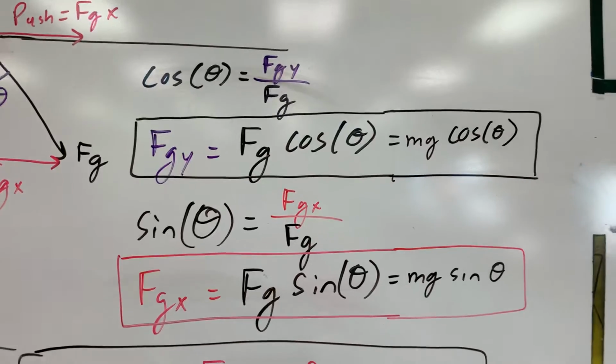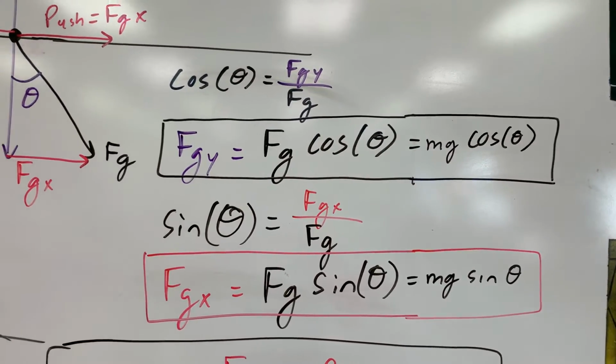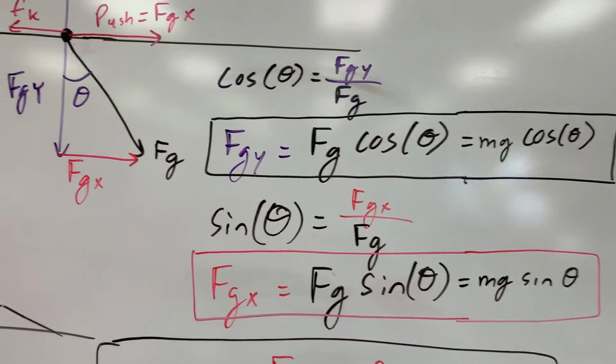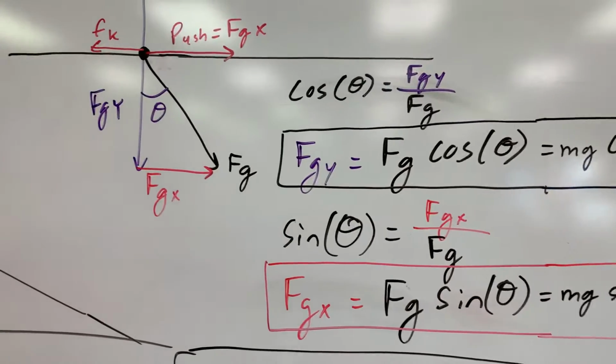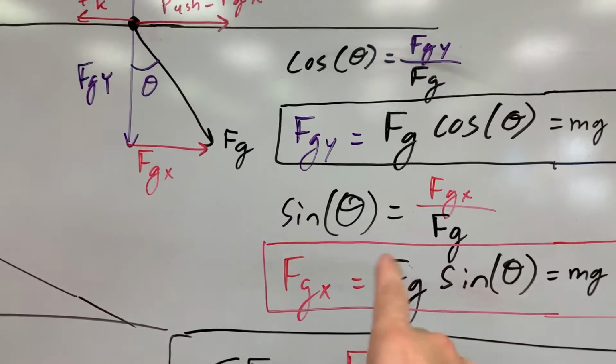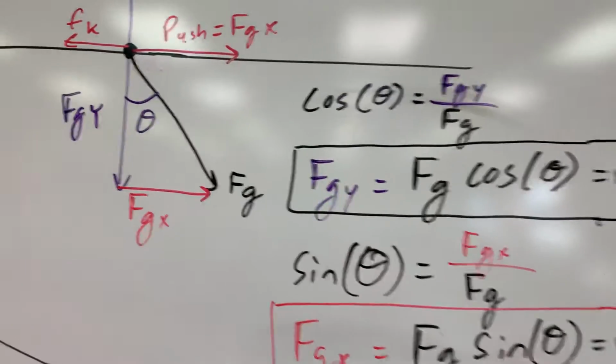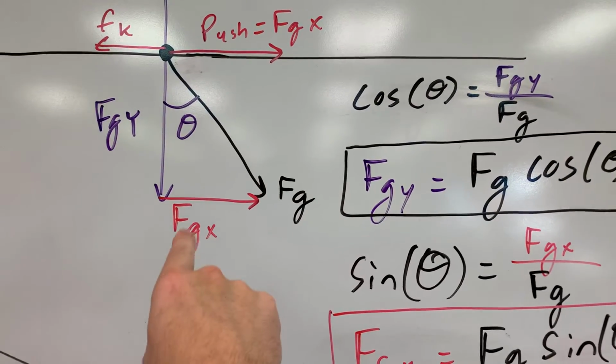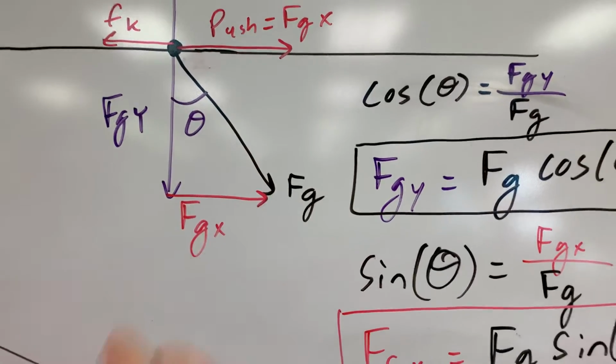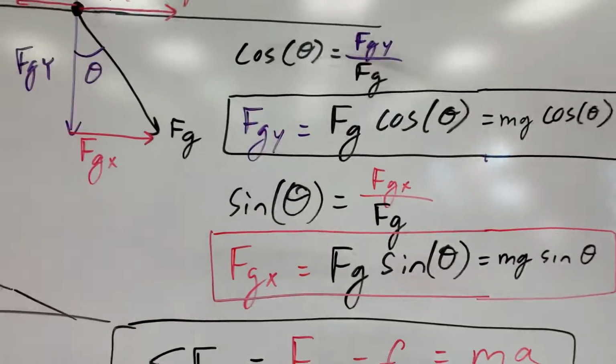Okay, the next part, we're looking at the vertical component. Okay, well, actually, this is going to be a horizontal component. A sine theta, usually we see that as a vertical component, but for this, the way the geometry works out, because my force of gravity in the x is actually opposite of my angle, that's going to be a sine function this time.